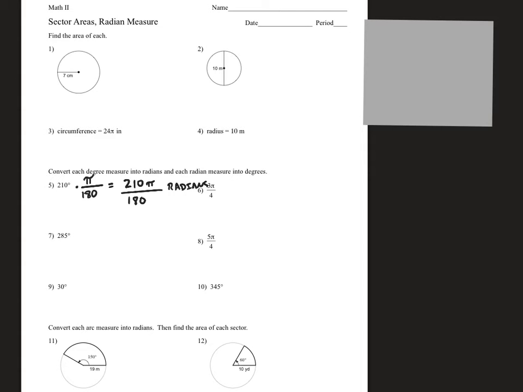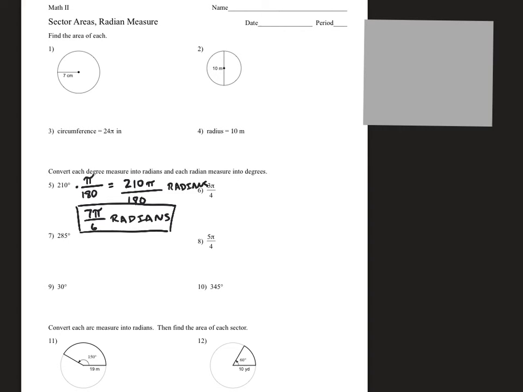And I could just leave it like that, but it's a fraction, so I should probably simplify. It's going to simplify to 21/18, and then, if I divided by 3 on top and bottom, I think it would be 7/6. So that is 7 pi over 6 radians. And that's the answer to number 5.